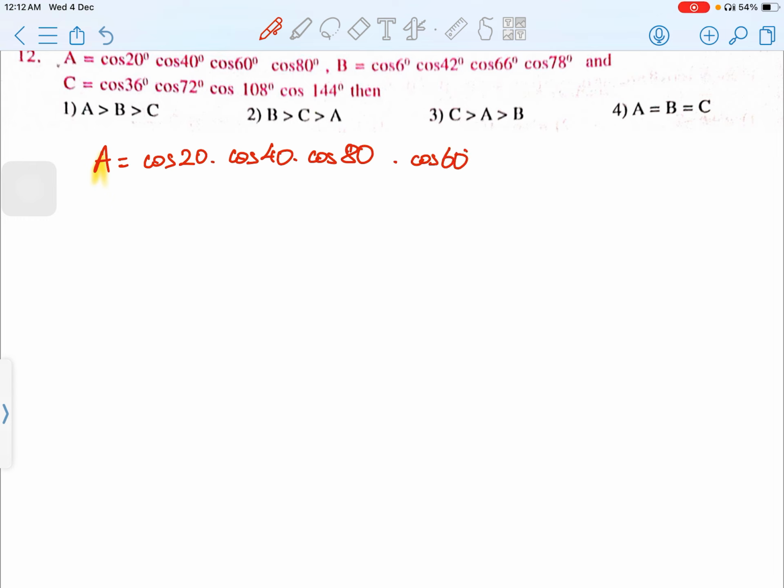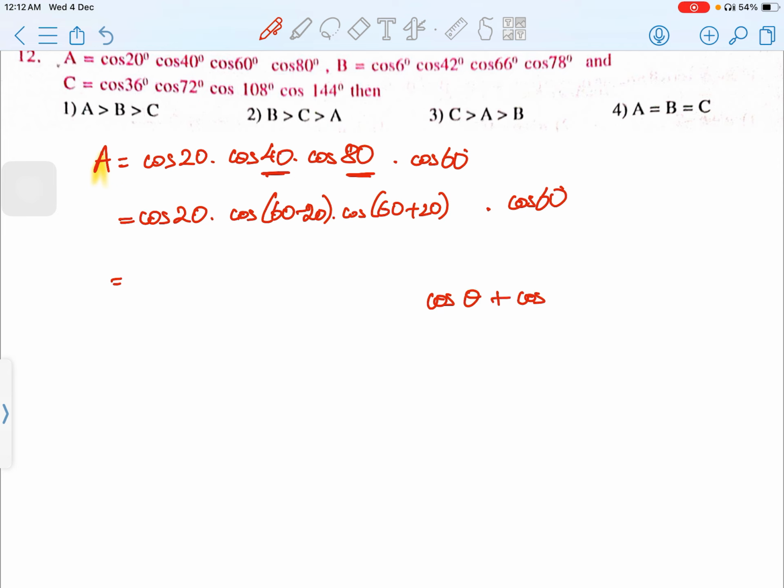Why? Because this 40 and 80 I can rewrite as cos 20, cos 60 minus 20, cos 60 plus 20. This one separate. And we know that cos theta, cos of 60 minus theta, cos of 60 plus theta, we can write as 1 by 4 times cos 3 theta.